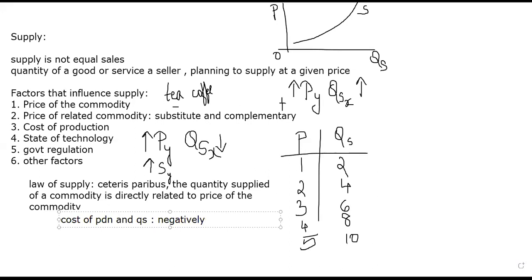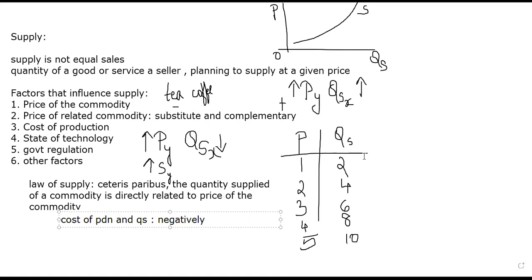Cost of production and quantity supplied are negatively related. It can go in the opposite direction, like laborers or raw materials, or bank credit being available at a cheaper price. What happens there is cost of production falls. When cost of production falls, the seller or the producer is now successful in producing more of the commodity than what he had produced in the previous time.